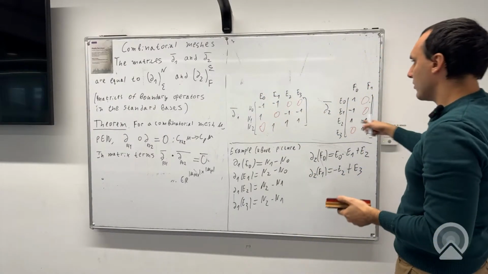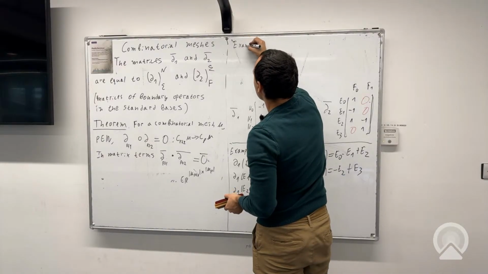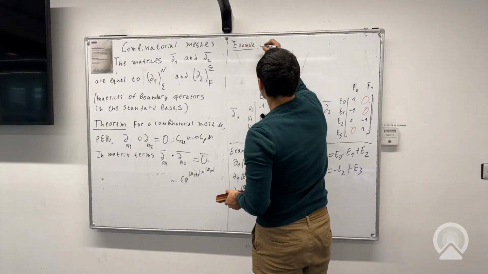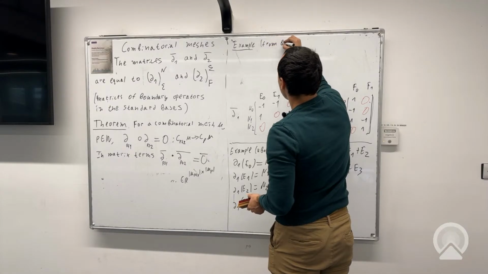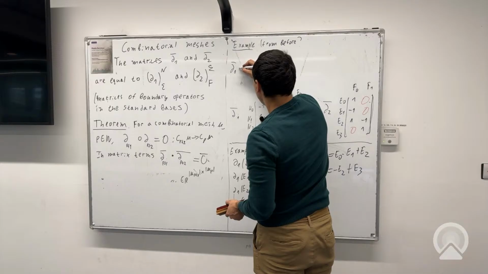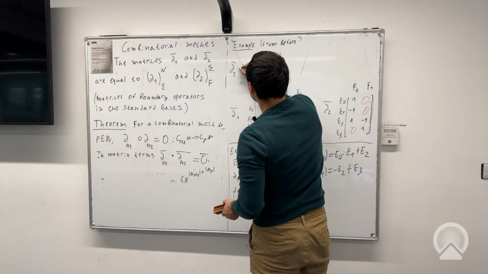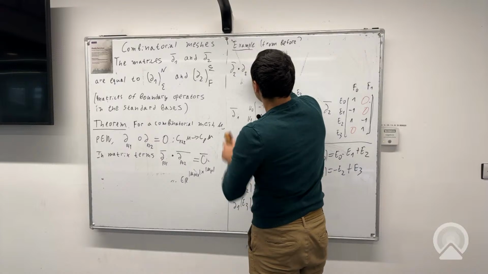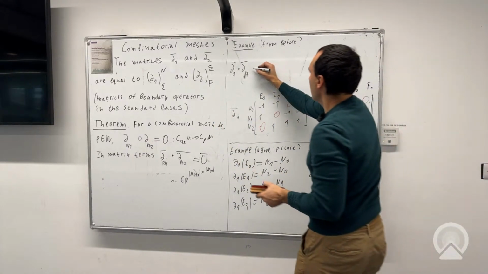And I'll give an example for this kind of mesh. Just compute from before, of course, d_1 with d_2. So these two matrices, let's multiply them.